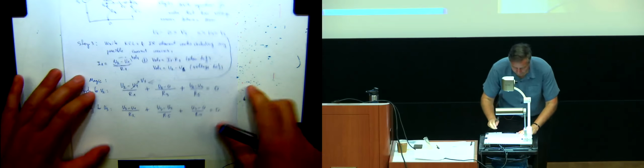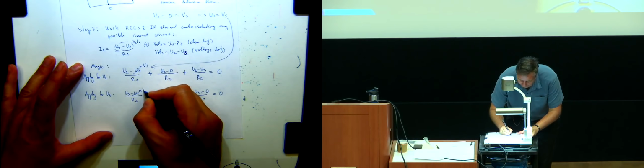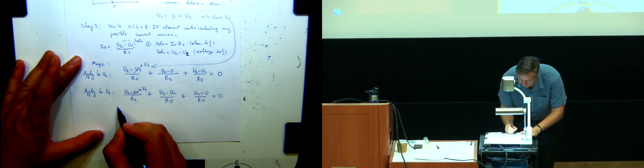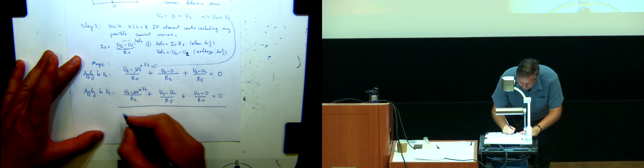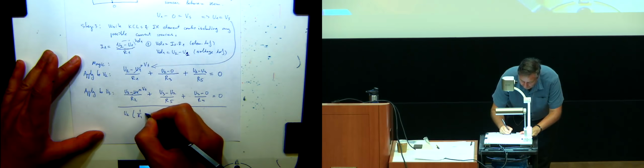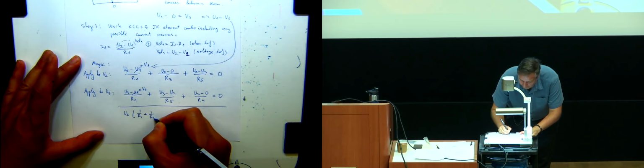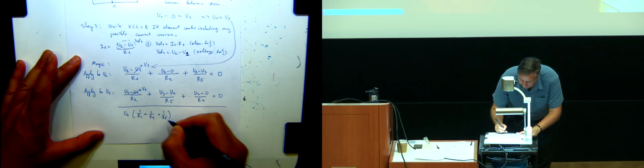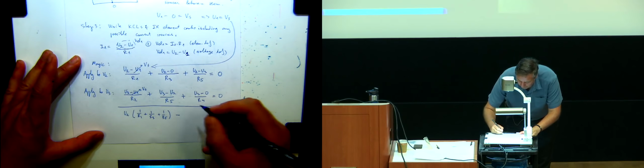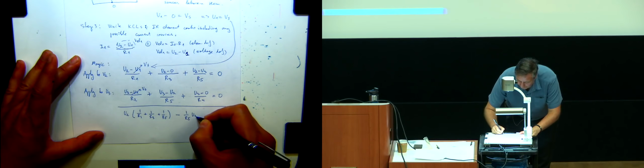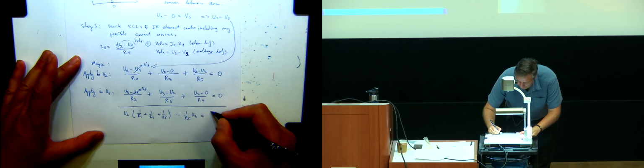So now we can again go here and apply Vs, and then tidy this up a little bit. So you get U2 times 1 over R1 plus 1 over R3 plus 1 over R5, minus 1 over R5 U3 equals Vs over R1.